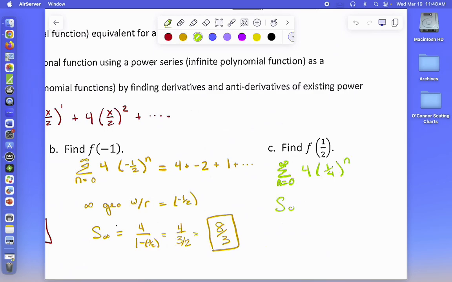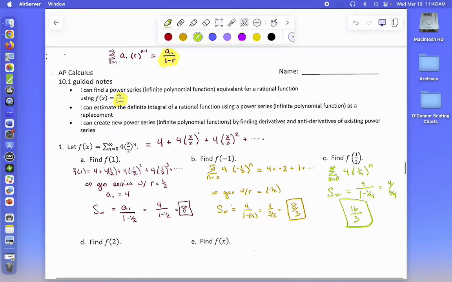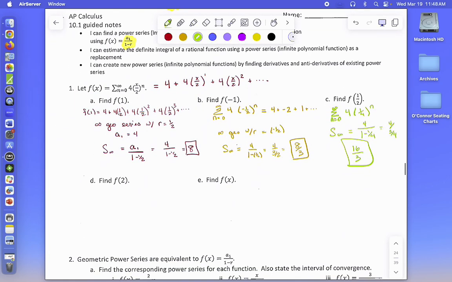So my infinite sum is my first term 4 over 1 minus 1/4 in my denominator, 4 over 3/4, which is going to give me 16/3. We're doing okay, right? Okay, so let's look at f of 2, and then we're going to extrapolate and find f of x.